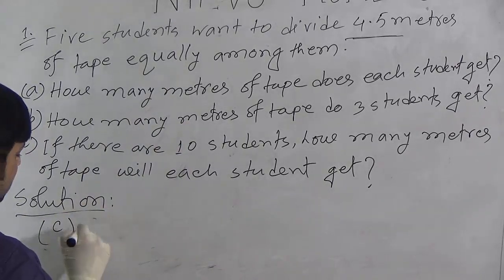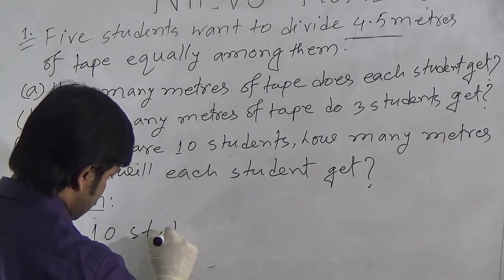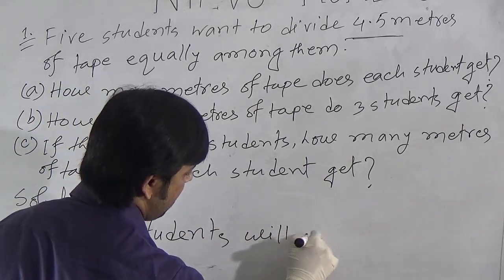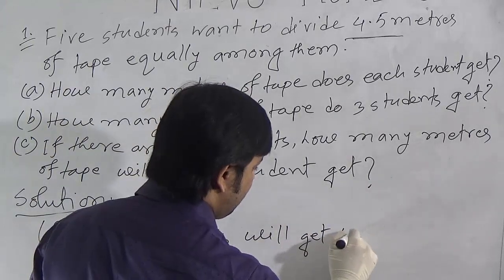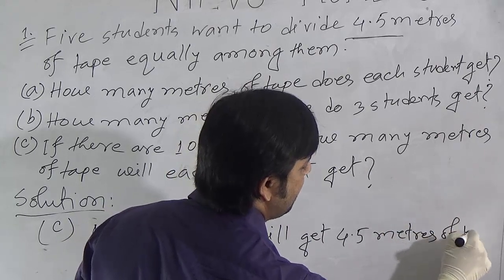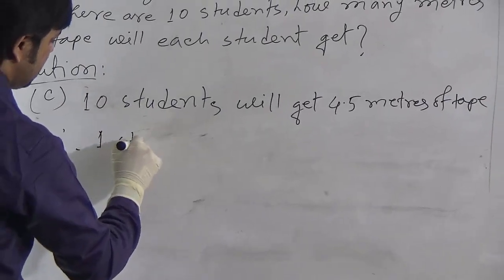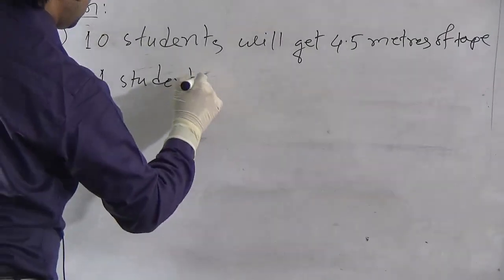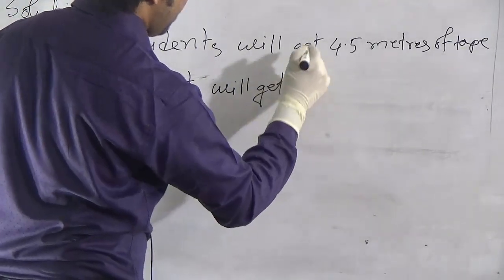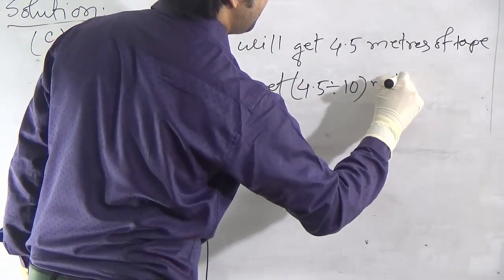Let us start. 10 students will get 4.5 meters of tape. Therefore, one student will get, we have to divide 4.5 by 10 meters of tape.